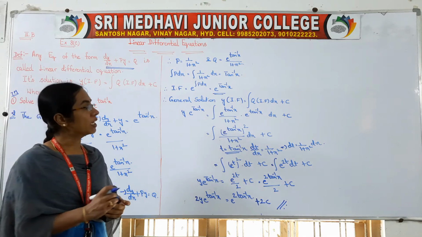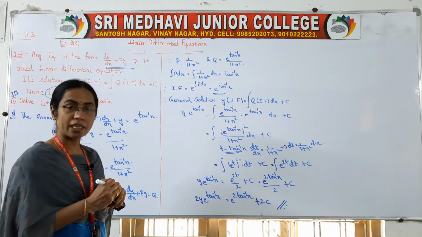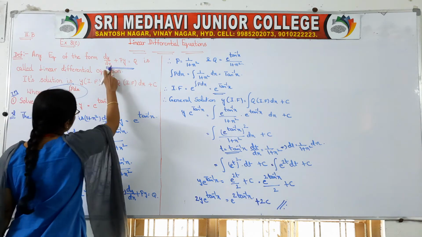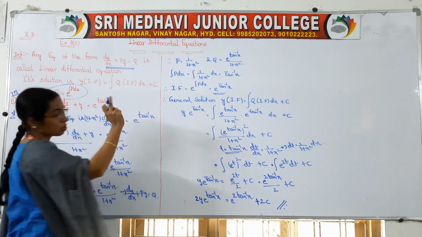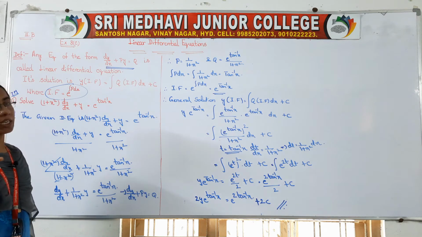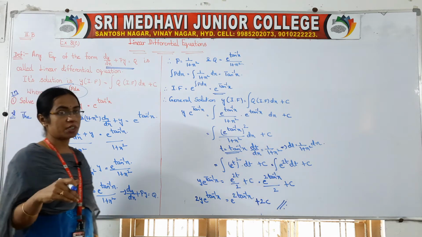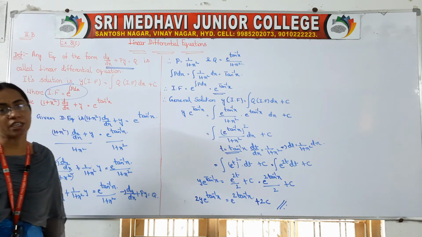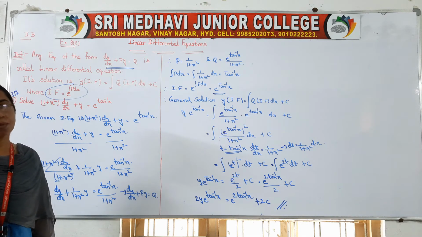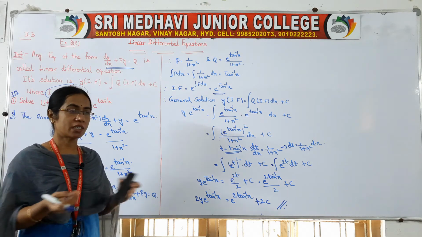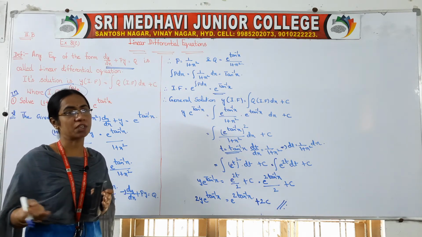Okay, so what is meant by linear differential equations? Any equation in the form of dy by dx plus py is equal to q is called the linear differential equation. So in this chapter, any question from this differential equation that is in that form, we will consider as a linear differential form. Small changes we have to do sometimes, right?